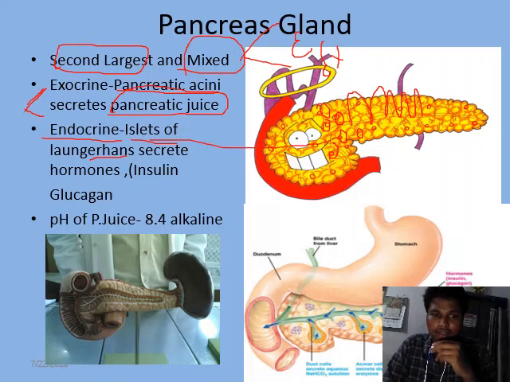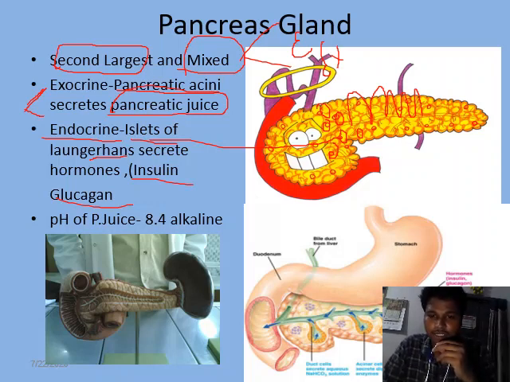Islets of Langerhans help in the secretion of insulin and glucagon. Okay? So insulin basically converts glucose into its stored form, which is glycogen, and glycogen is stored in the liver. Okay, and glucagon helps in the conversion of glycogen into glucose.